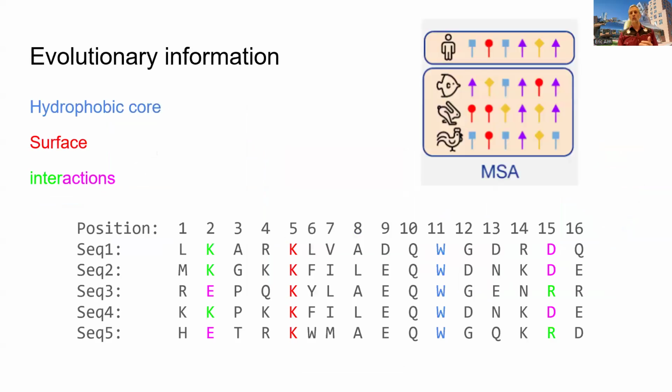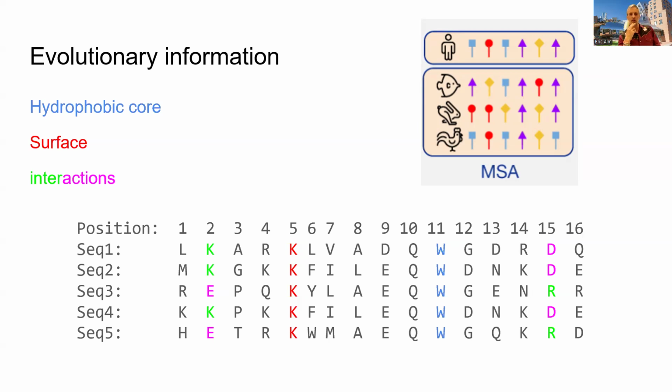Okay, so what's the information that is coming out of the multiple sequence alignment? Well, here I'm giving you an example of a multiple sequence alignment in 5 different species. So let's say this is my protein sequence. There's a lot of different information here, right?